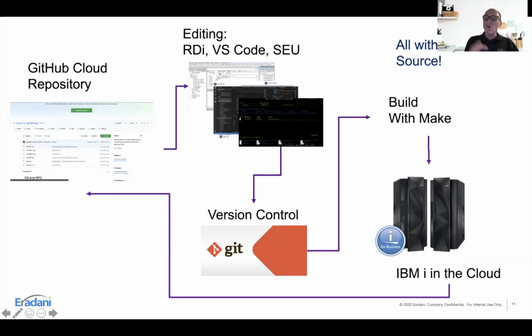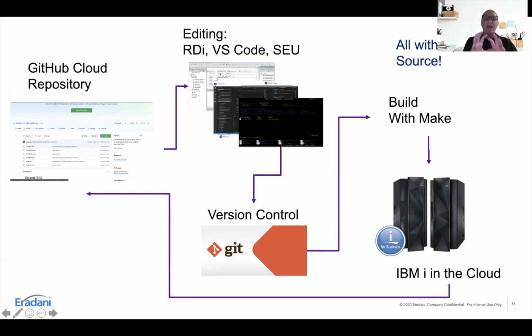He then stored all that source code in Git, in a local repository in Git on his machine. And when he was ready to test, when he was ready to actually run the application, he simply deployed it to the IBM i and built it so that now he had a build on the IBM i. So the RPG code was built, all the dependencies were built, as well as all of the open source. So he was able to build all of that code simultaneously so he could test his web application.